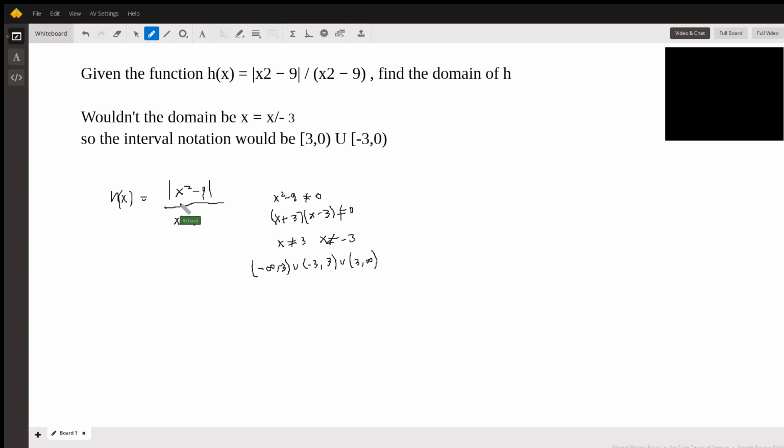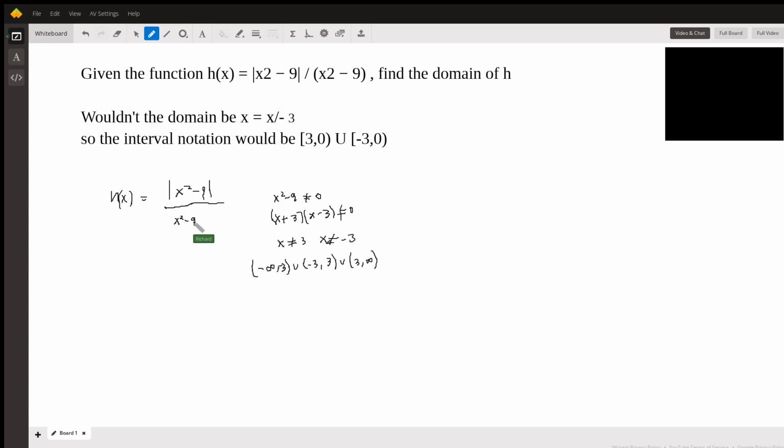So a better way to think about this is to realize that the numerator is always going to be positive. No matter what x is, and no matter what x squared minus 9 is, the absolute value of anything is going to be positive or 0. However, the denominator could be negative.